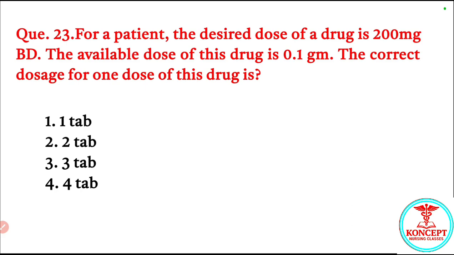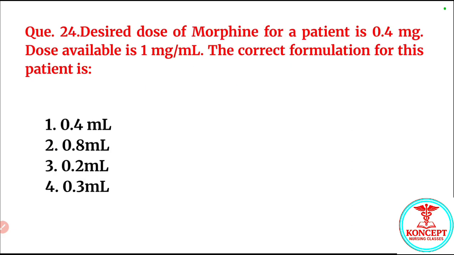The correct dose for one dose of this drug is. Correct answer is option 2, 2 tablets. Next, desired dose of morphine for a patient is 0.4 mg. Dose available is 1 mg per ml. The correct formulation for this patient is. Correct answer is option 1, 0.4 ml.